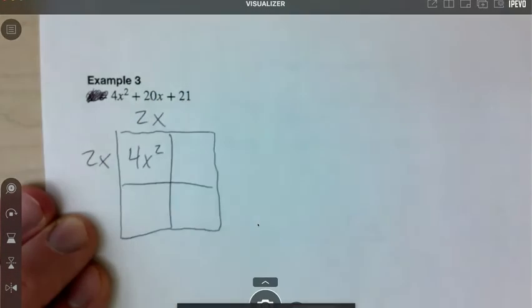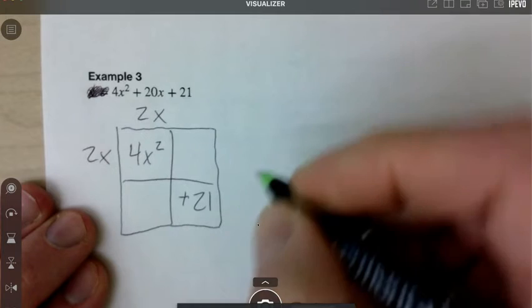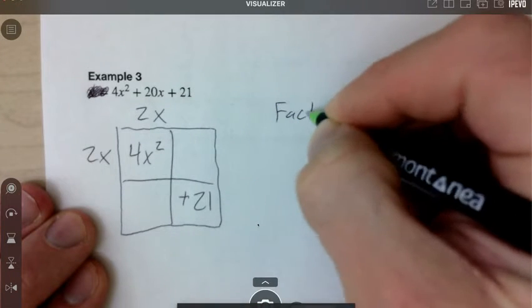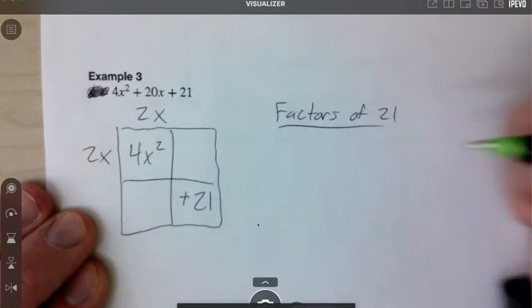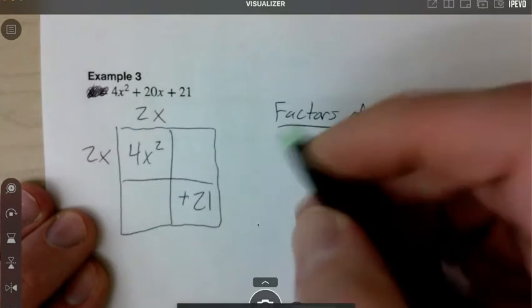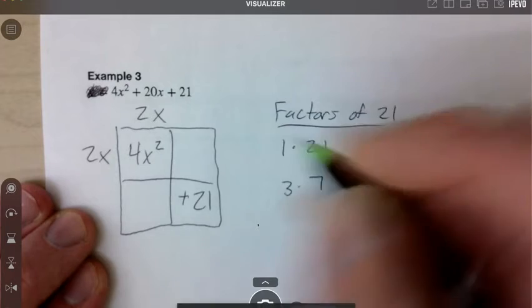And in this case, I know that 2x times 2x is 4x squared. I also have a plus 21. The factors, notice how they're all positive, so all I'm going to worry about are 1 and 21, 3 and 7.